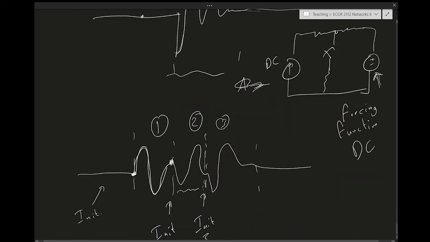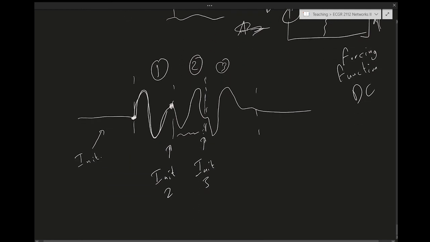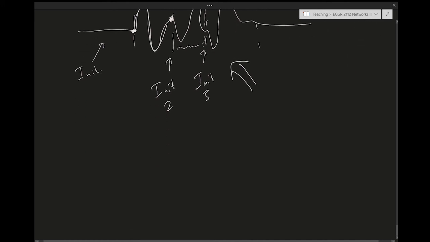How we handle general forcing functions, starting with AC, sinusoidal, and then more general, is what we will cover during the big chunk of this course: the Laplace transform at the end, and the sinusoidal analysis that we will do next. But in the intermediate, we could still do this kind of analysis, and to help us, there's a mathematical function that we want to introduce called the unit step function.